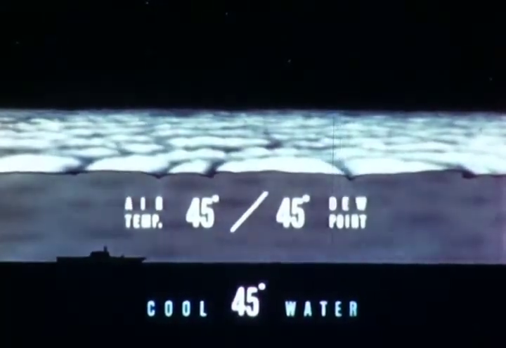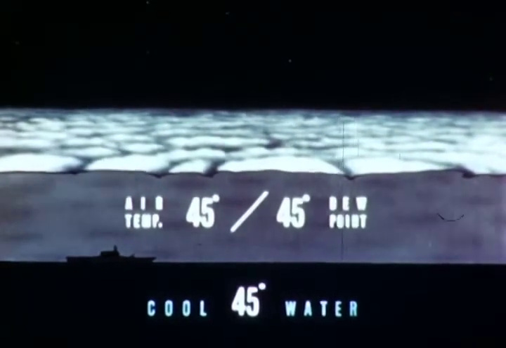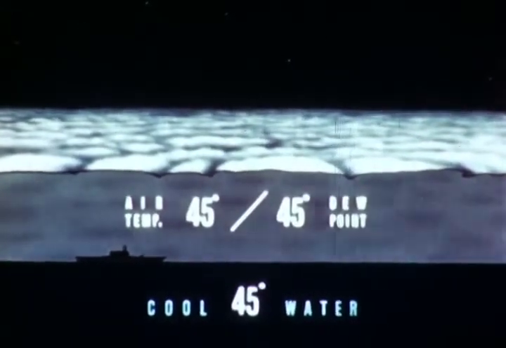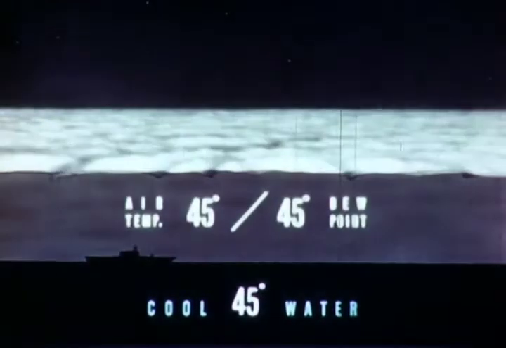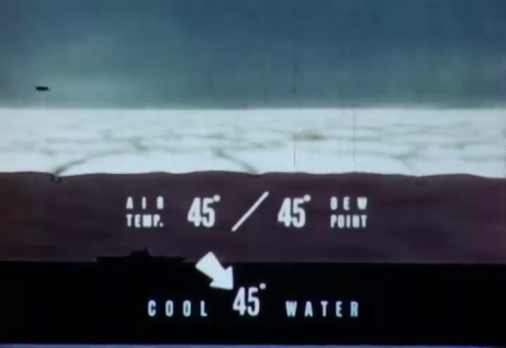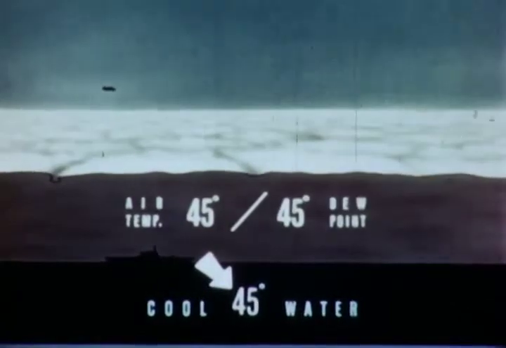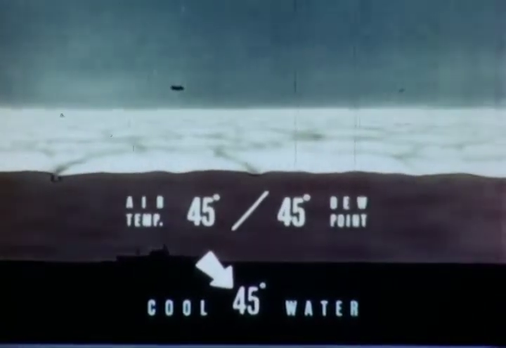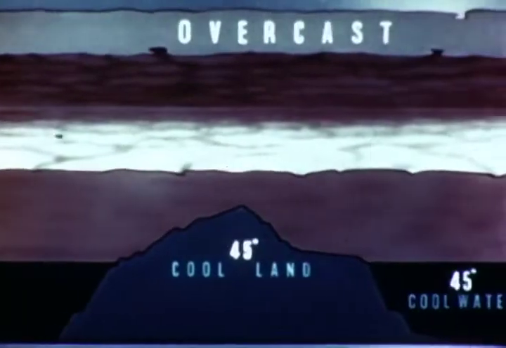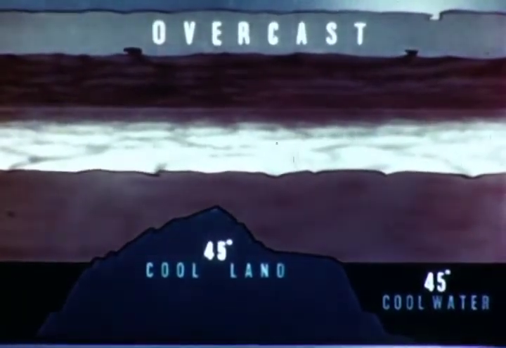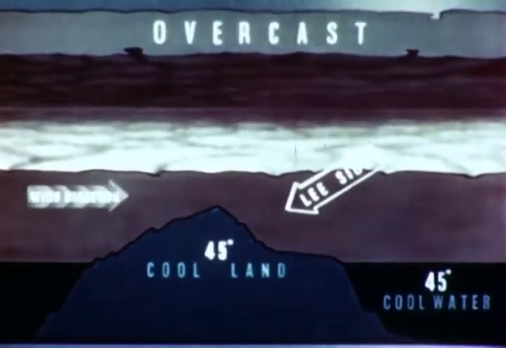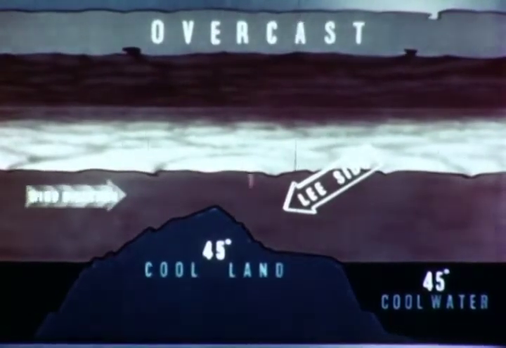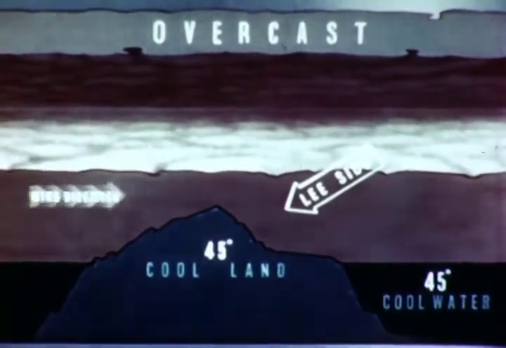Over the open sea, there is practically no variation in the thickness of advection fog between night and day, as the surface temperature of the water remains nearly constant. Advection fogs tend to dissipate on the leeward side of islands during daylight hours if there is no cloud deck above.